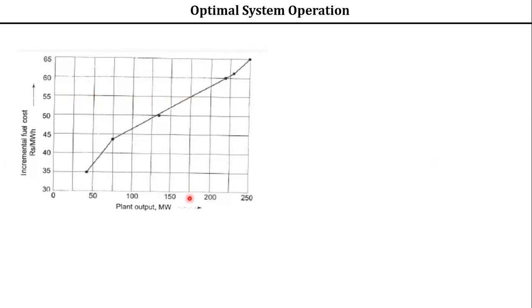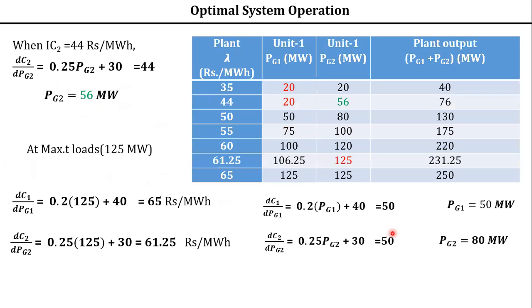Understood? At 175, the lambda value is 55. So therefore, what is the individual loading on unit 1 and unit 2? This lambda of 55, you substitute in these equations, and you will get Pg1 and Pg2. Understood?